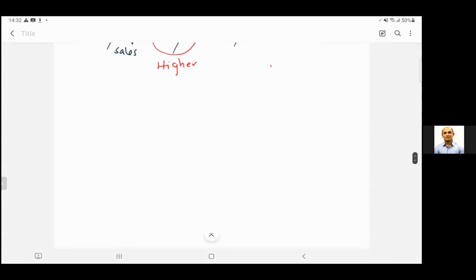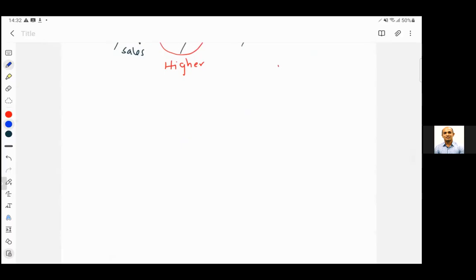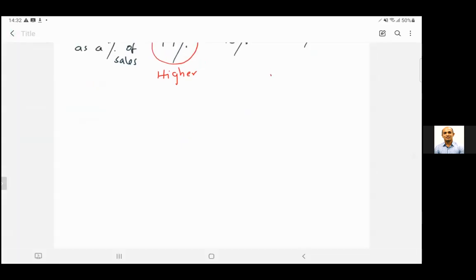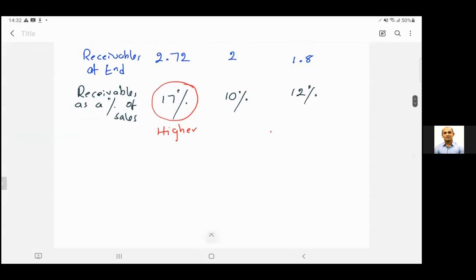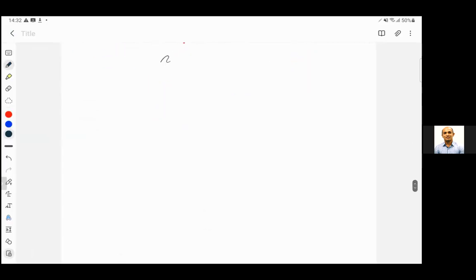Calculate the receivables collection period for companies A, B, C, A and X. You know how to calculate the debtors collection period.